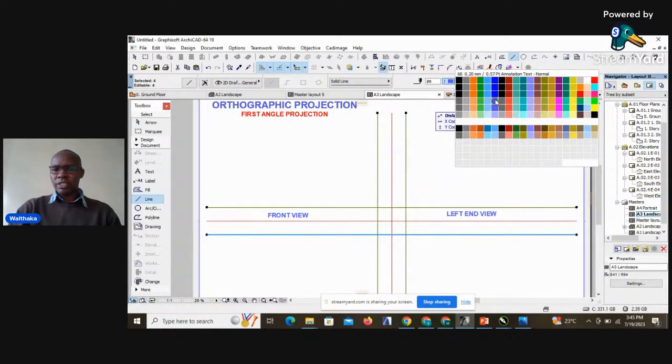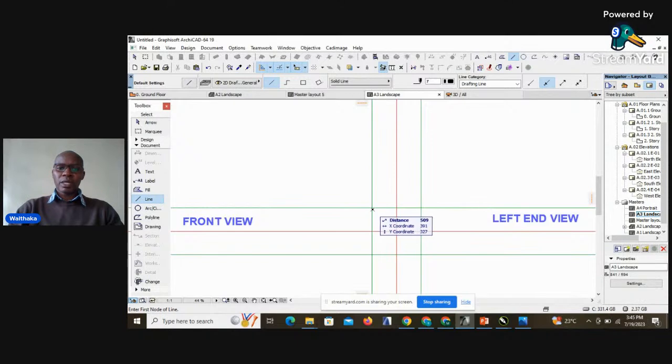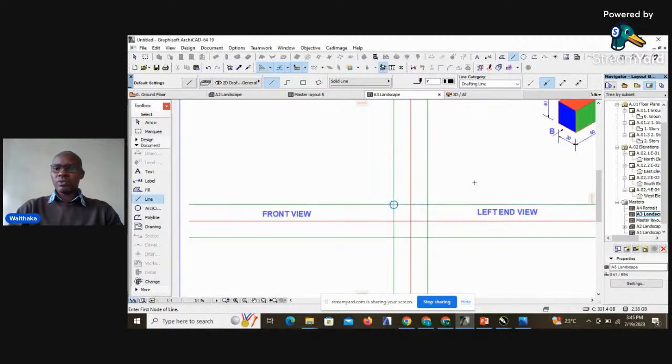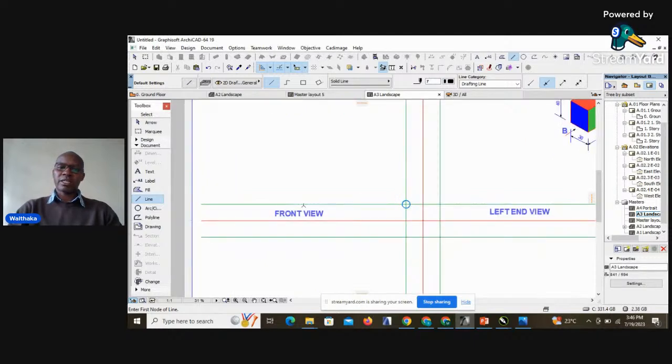Whatever now is in green is our construction lines and denotes where our views will begin. Therefore, our front view will begin from this point, and from this point we will measure a distance of 60 millimeters towards the left, and that will give us the length of the front view.